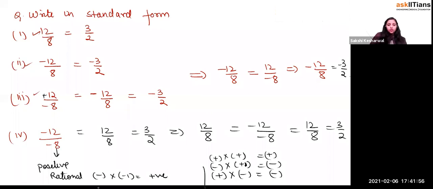Can I say that 0 is a positive or neither negative? 0 is neither positive nor negative. We know that 0 is neither a positive nor a negative rational number. We have been learning till now that 0 is neither positive nor negative.